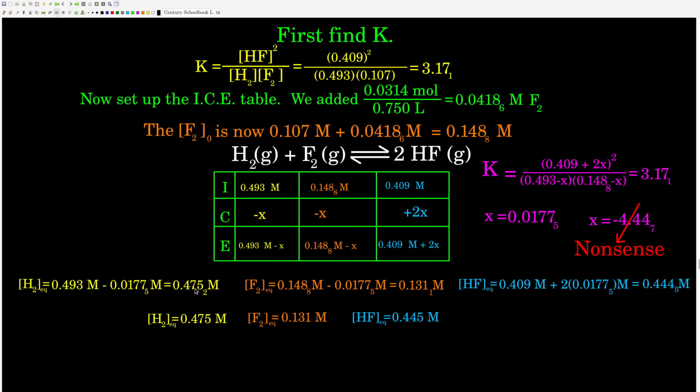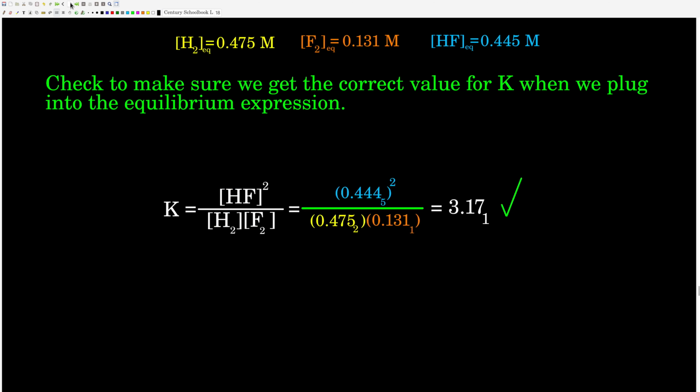So we get 0.475 moles per liter for hydrogen, 0.131 moles per liter for fluorine, and 0.445 moles per liter for hydrogen fluoride. So checking against K, plugging into the equilibrium expression, put these numbers in and we get 3.17. All right, so now we can be even more confident that we got a good answer.